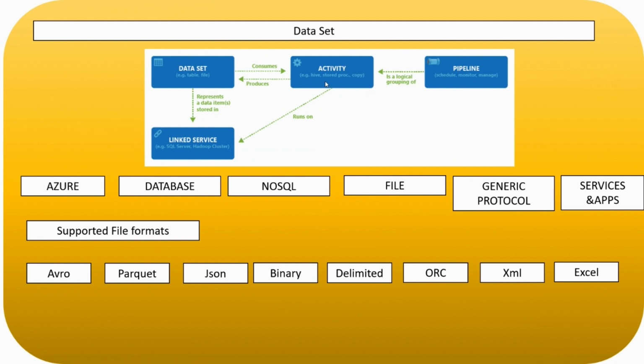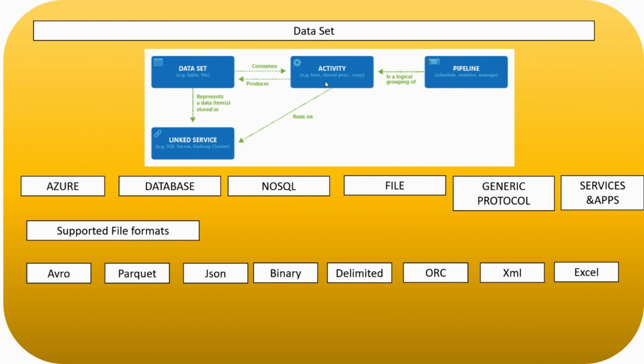So coming to a data set, as I said, it is a particular table or a particular file. Basically, if I have a storage account and I want to move a file, suppose take a file name as A. I have one file in my storage account. I want to move that file from one storage account to another storage account.